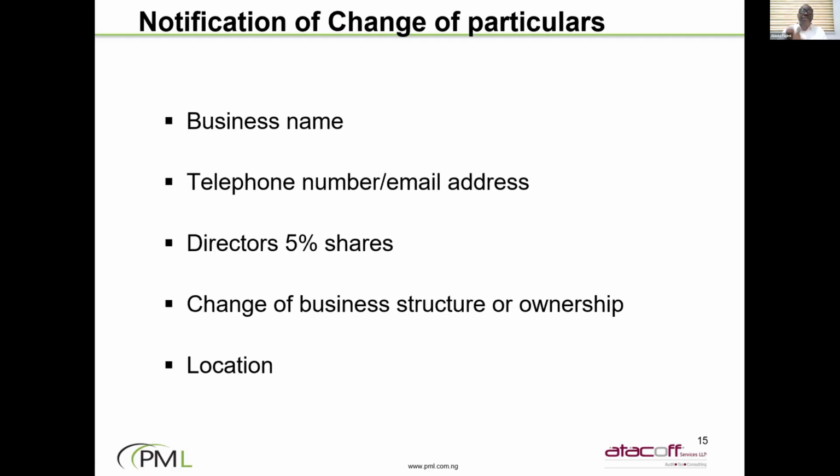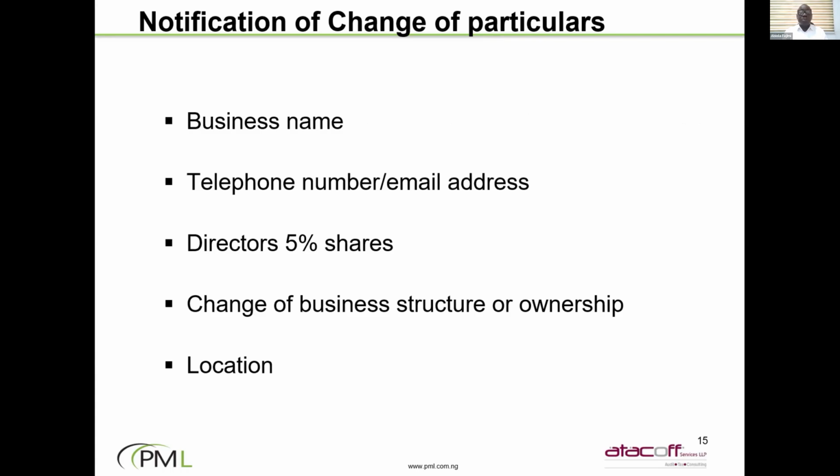Again, this is also in the old law, just being emphasized. Anytime there is a change of your business name, if you are changing your company's name, you are changing the phone number, you are changing directors, or new directors now own more than 5%, you need to inform NRS of that fact.